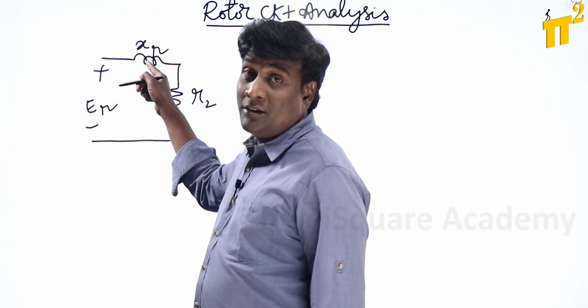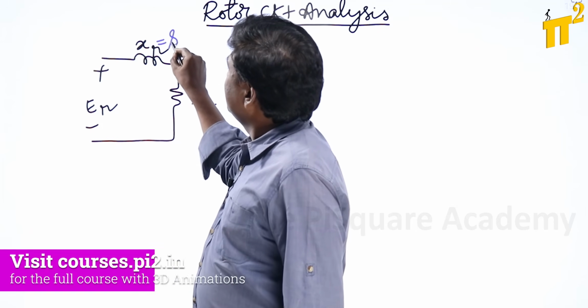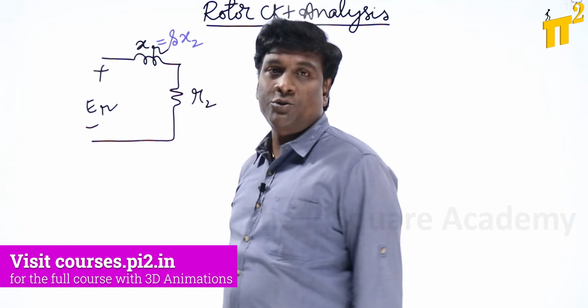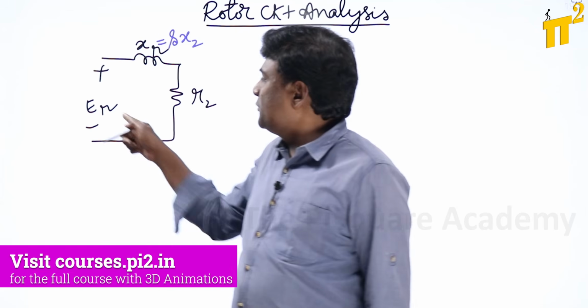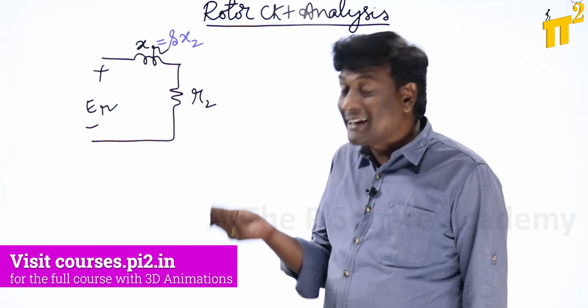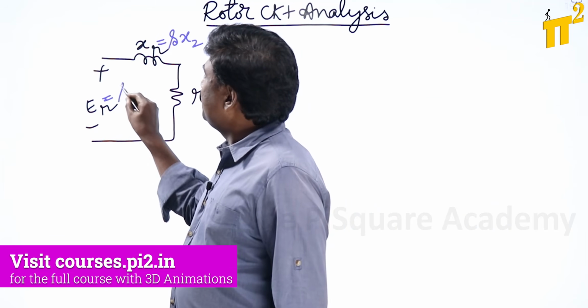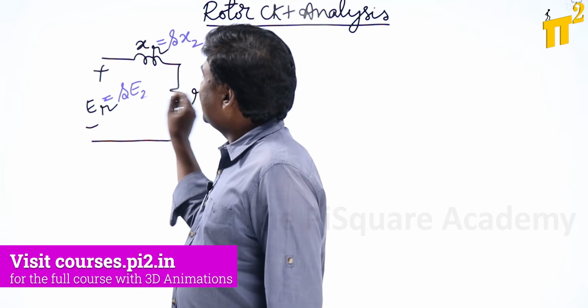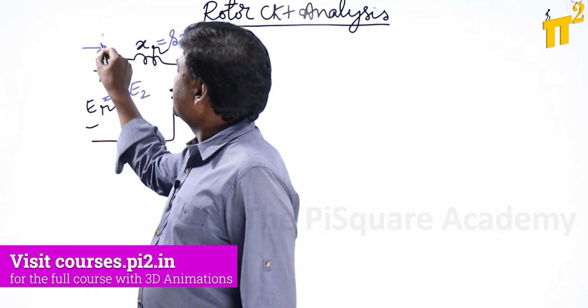So the moment frequency is reduced by slip times, automatically this is going to be S into X2, where X2 is the standstill condition rotor reactance. And the rotor induced voltage will be decided by the relative velocity between stator MMF and rotor, so this is going to be slip times the rotor standstill induced voltage. And here the current is going to be I2.